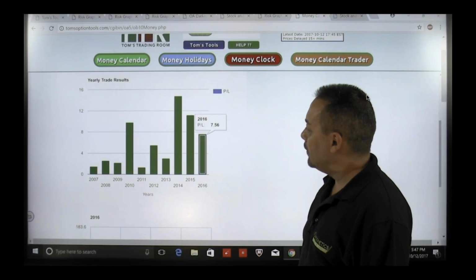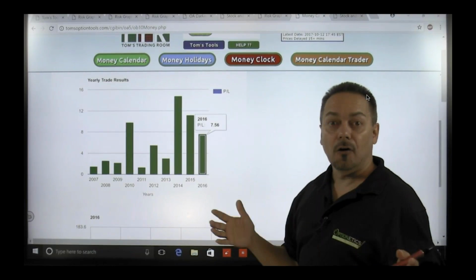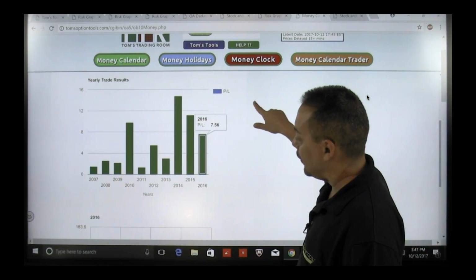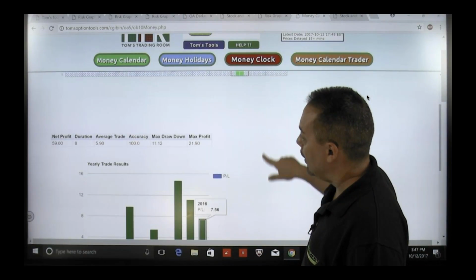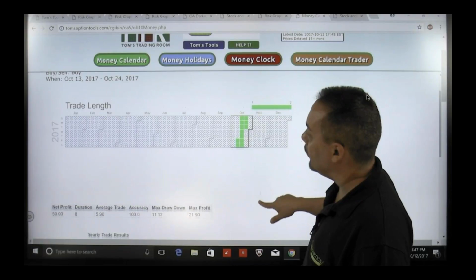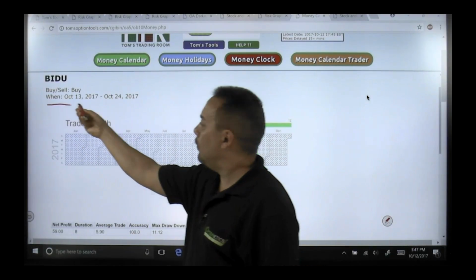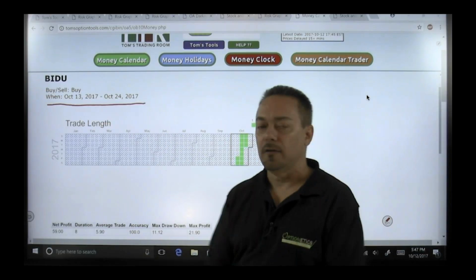And last year, the pattern between tomorrow and going forward was $7.56. I'm sure you guys want to see this one more time. You're probably most interested in the trade length. The trade date starts October 13th and runs to October 24th.